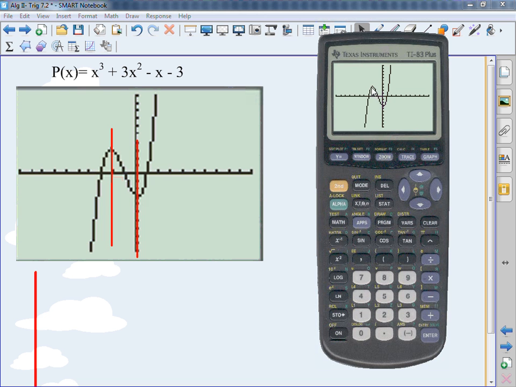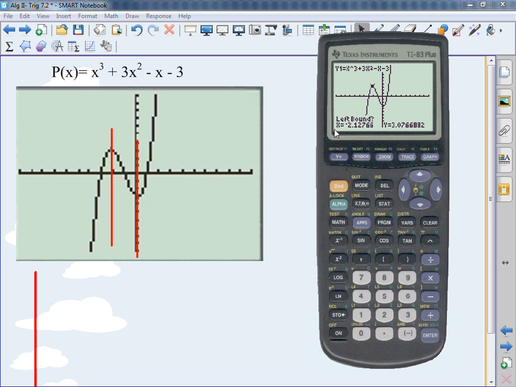How do I find this max point? Second, trace. I don't want to trace this. I want to know exactly what that minimum or that maximum point is. Second, trace, maximum.